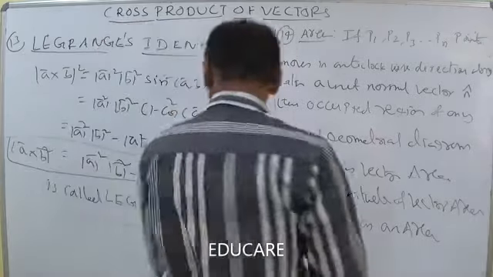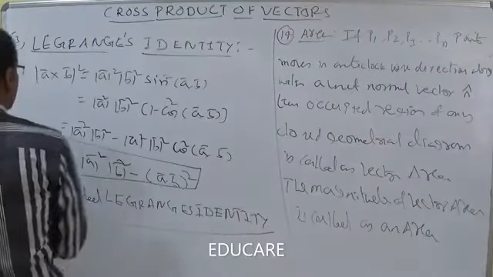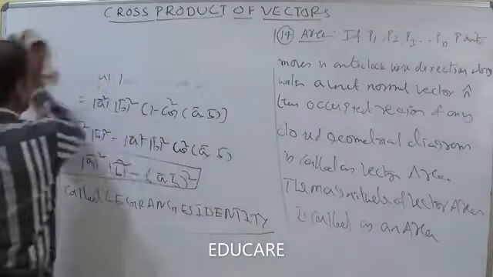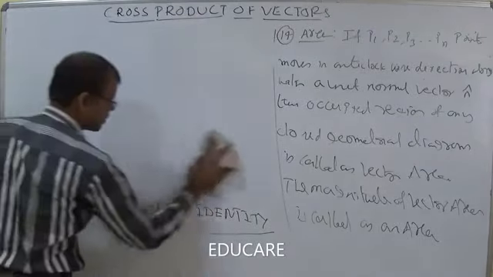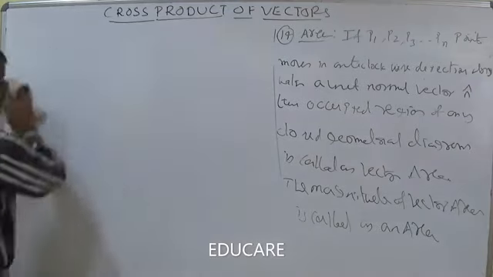So let us draw the diagram and let me explain the area concept. The occupied region of any closed geometrical diagram is area.